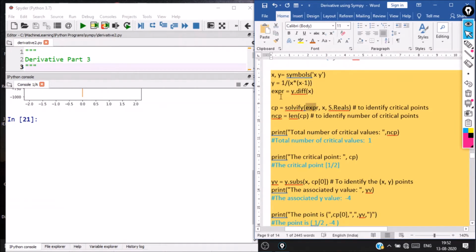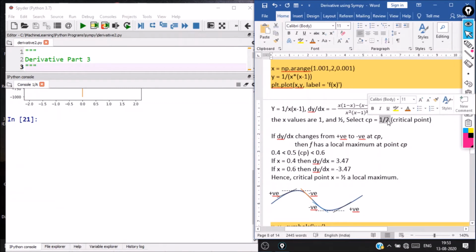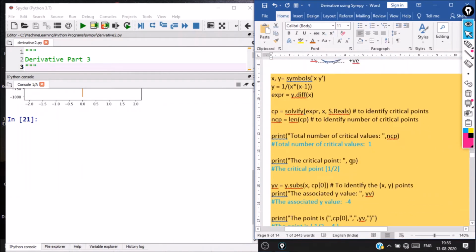We have to evaluate this expression and identify the x values. To identify the number of critical points, it will return the total number of critical points present. Now if you execute it, it will give the result that the total number of critical points is 1. So we have seen there is only one critical point, 1 by 2. 1 should not be the critical point here.